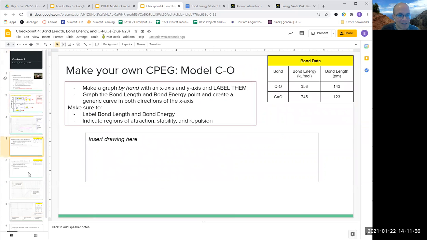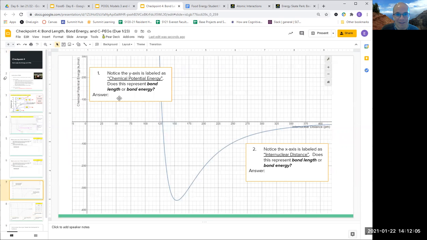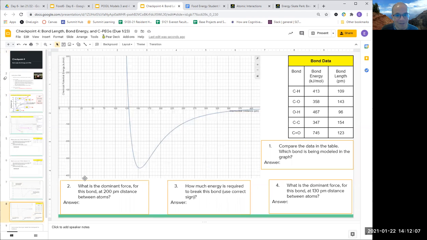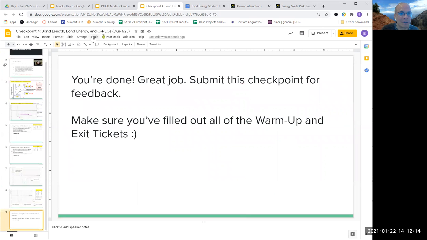Slides 5 and 6 are these potential energy curves. You can go back and watch the video and see how Mr. Wagner did it if you want some hints. On slide 7, you answer 2 questions about the graph, and on slide 8, you answer 4 questions. And that is it for checkpoint 4.